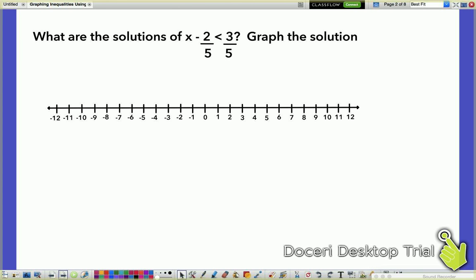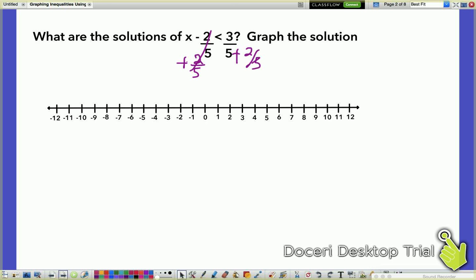Okay, so here we have x minus 2 over 5 is less than 3 over 5. Okay, so we're minusing, so we're going to add 2 over 5 to both sides.